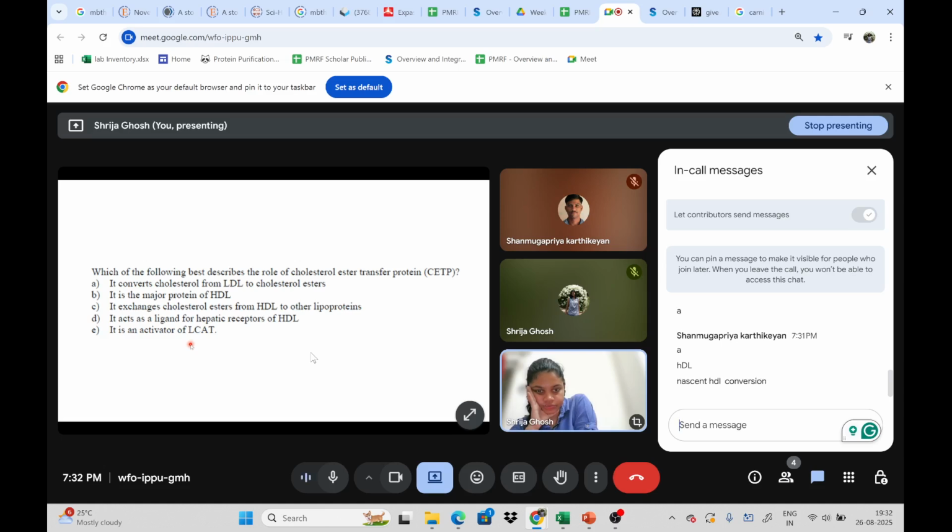Nascent HDL conversion. And how was it doing the nascent HDL conversion? What molecule was actually changing there?